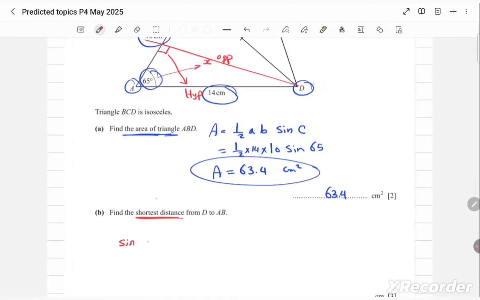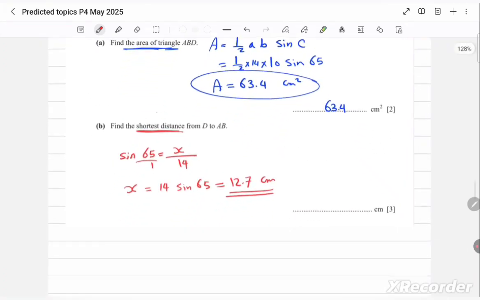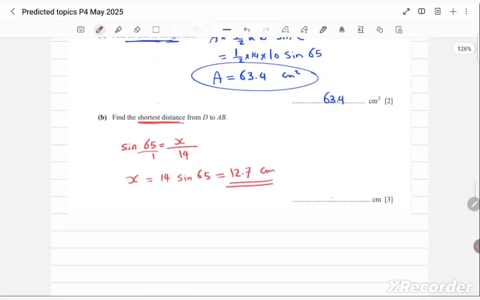Sine 65 equals the opposite, X, divided by the hypotenuse, 14. Cross multiplying, X equals 14 sine 65. The answer is 12.69, or 12.7 centimeters to three significant figures. Don't forget to write the answer there.